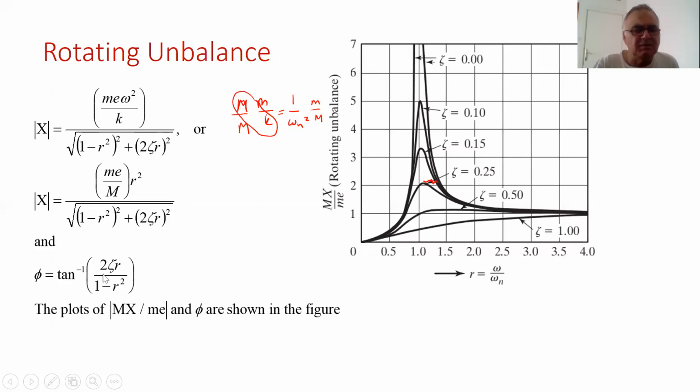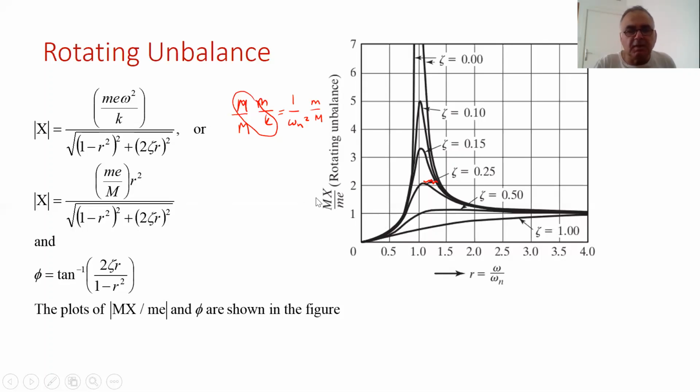The phase angle remains the same, but the non-dimensional plot of capital M times capital X divided by m e, which is a non-dimensional quantity, versus R, comes out to be a picture like this one. It starts from 0 because now you have an R squared in the numerator. Also, eventually, for very high frequencies, it goes to 1.